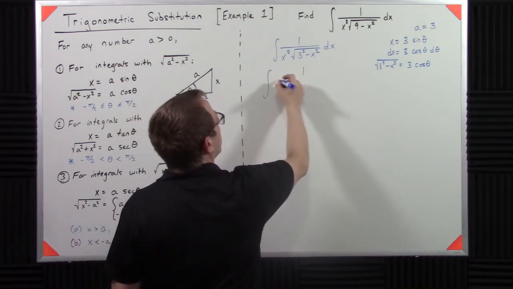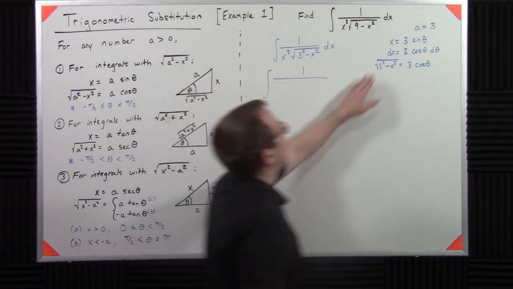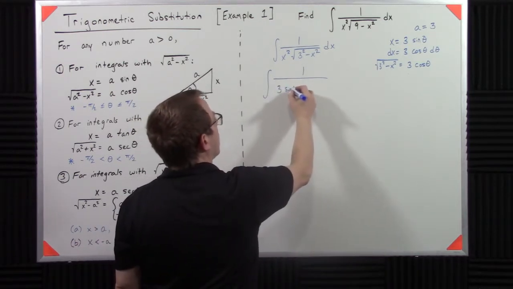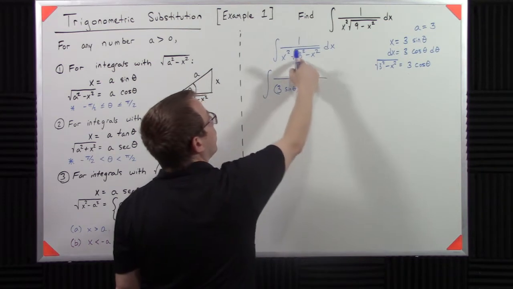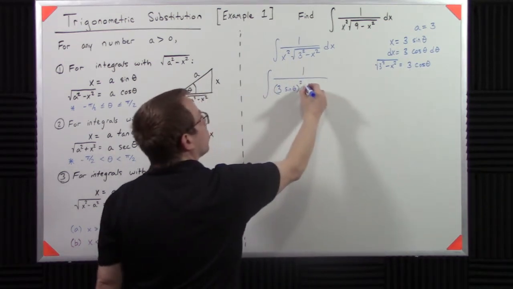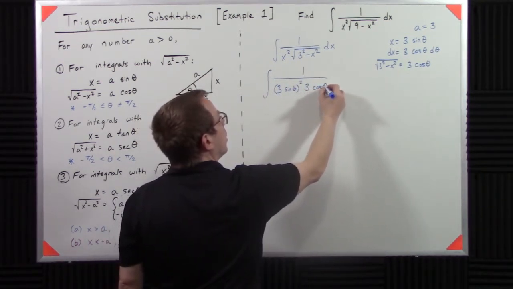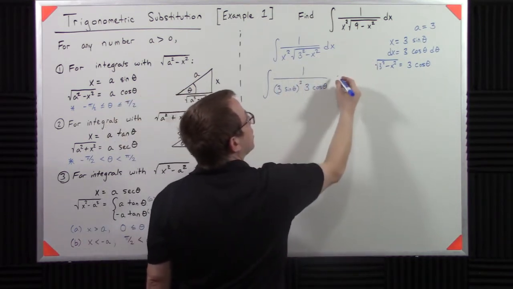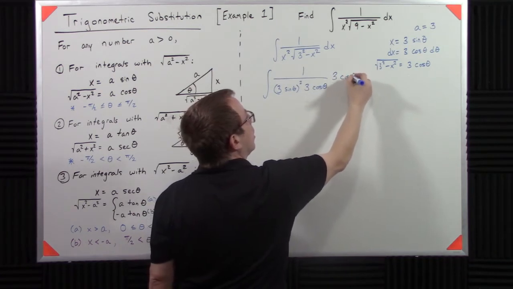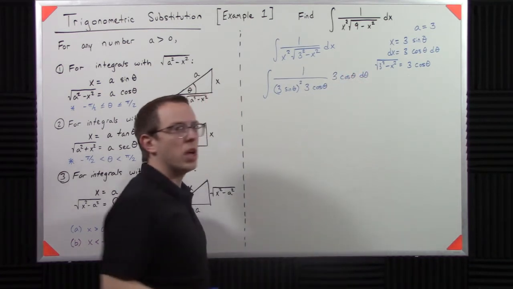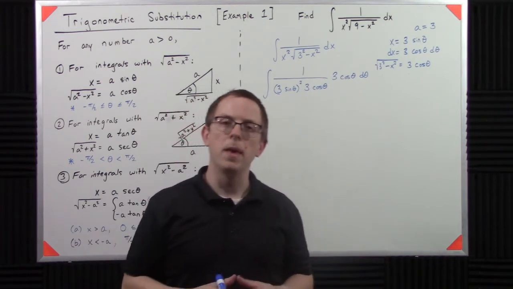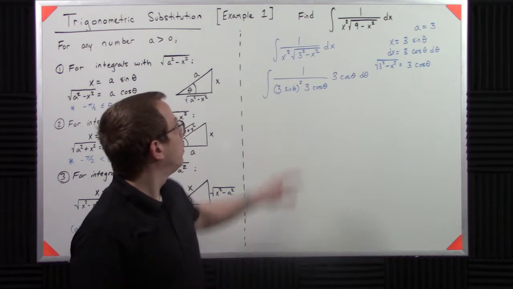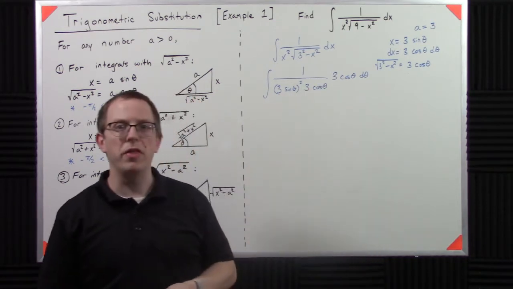I get 1 over, well, x is 3 sine of theta, so I'm going to put 3 sine theta squared, and then this is 3 cosine theta, and then dx is 3 cosine theta d theta. Now I have everything in terms of my thetas.